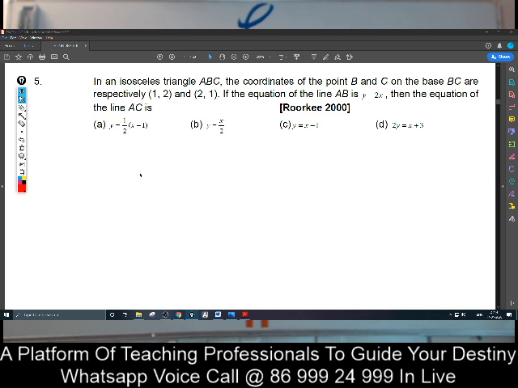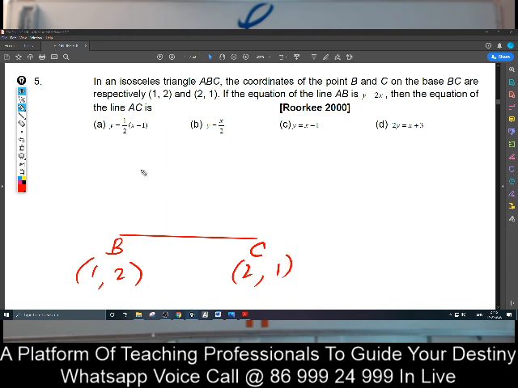In an isosceles triangle ABC, B and C are given. What is B? (1, 2). What is C? (2, 1).